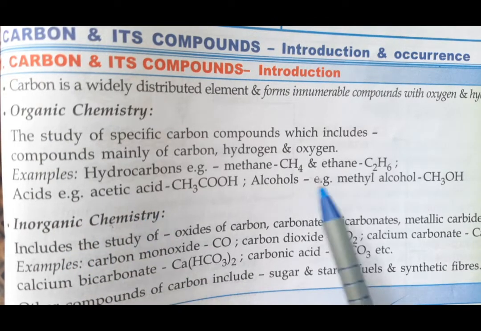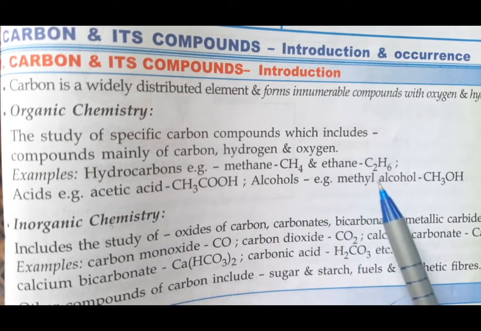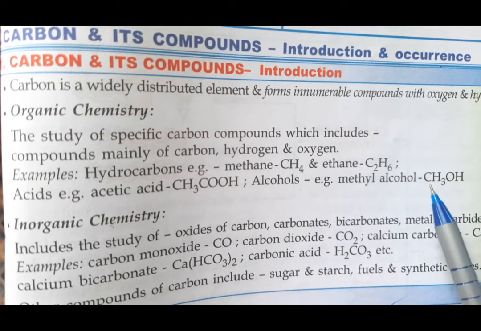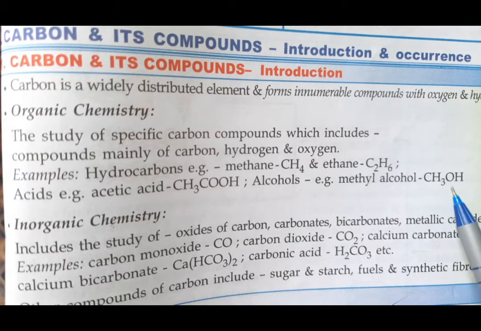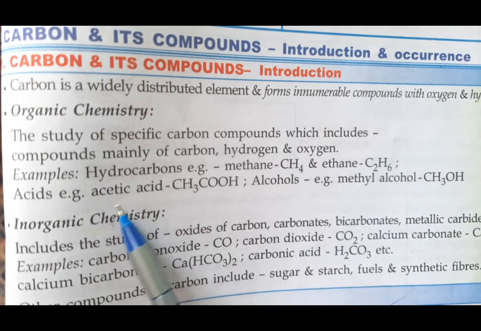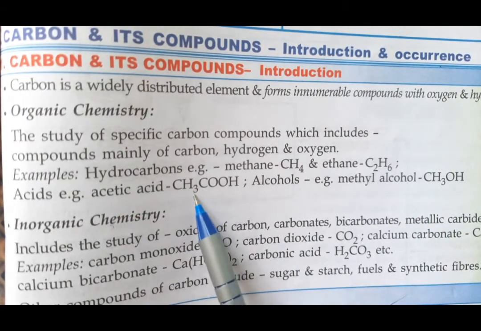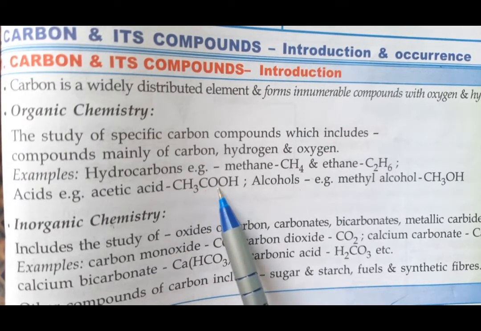Some compounds of carbon you can see here, like methyl alcohol, formula CH3OH. So do remember the formula of methyl alcohol as CH3OH. Acetic acid, formula CH3COOH.